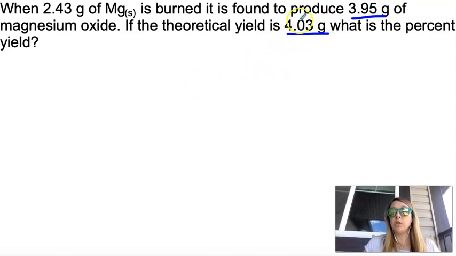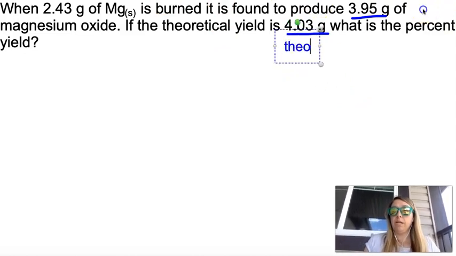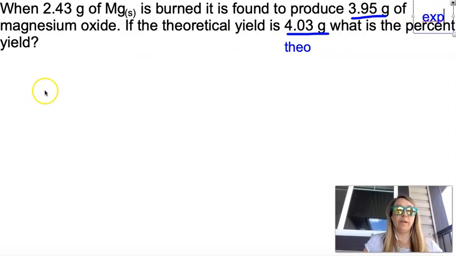Some questions you're actually going to have to calculate that, right? So theoretically, I could have calculated that from this 2.43 grams, just doing a stoich calculation. But in this case, I don't have to, right? So here, it has given me the theoretical value. And here, it's giving me the experimental value.